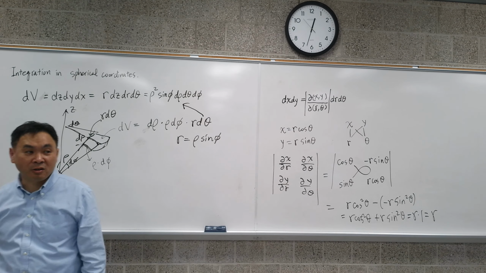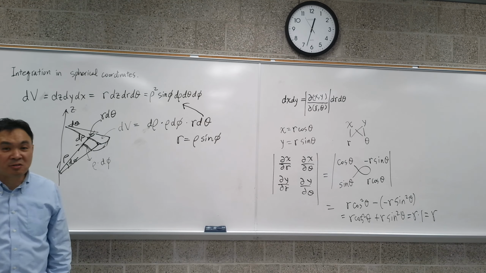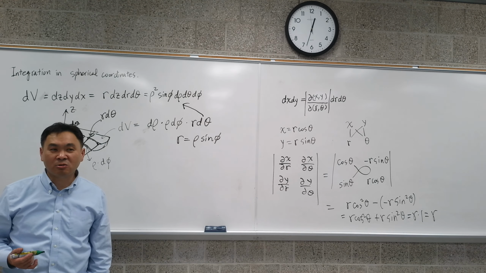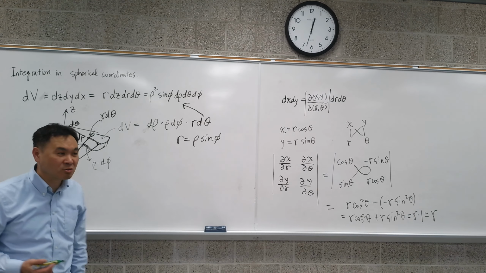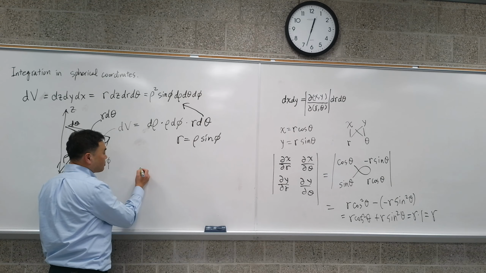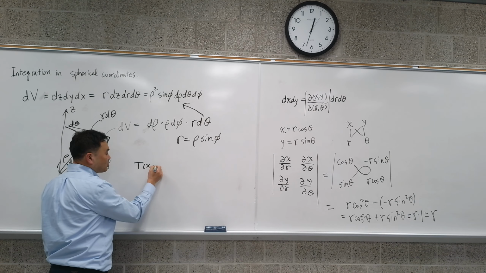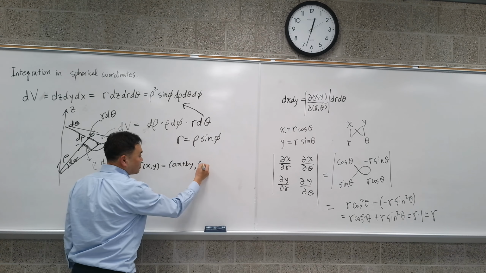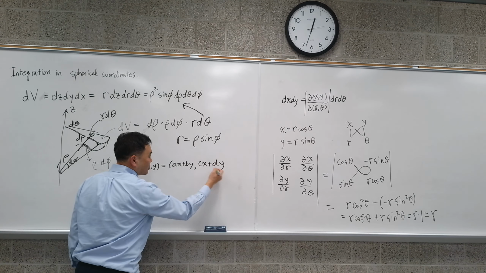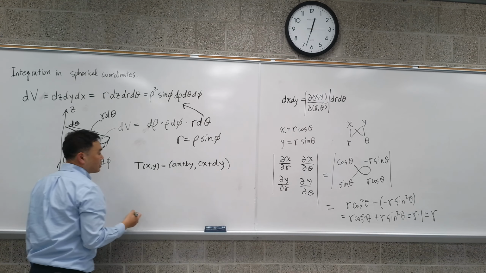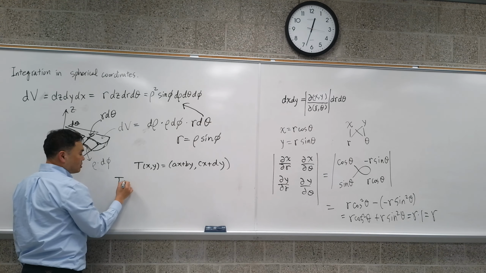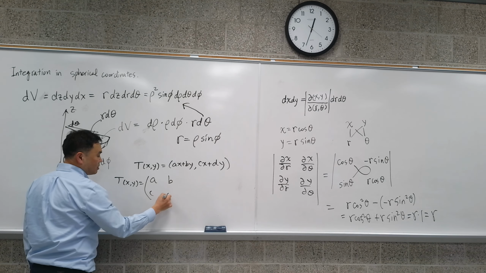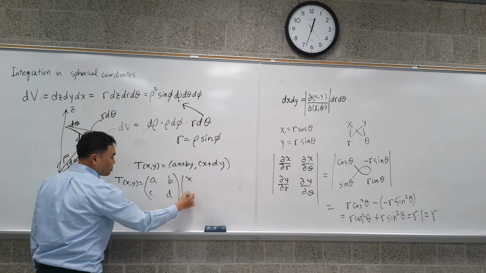Now, you might wonder, why does determinant play a role here? Well, because what is the determinant? It's the area of the transformation. Did we do this? I'm not sure. So if you have T of x comma y to be ax plus by, cx plus dy, then you can think of T of xy as the matrix a, b, c, d times xy, right?